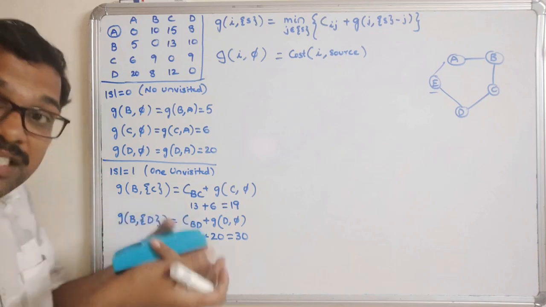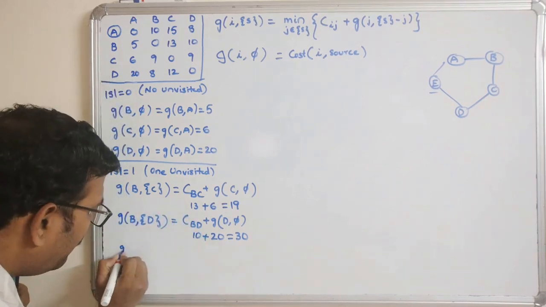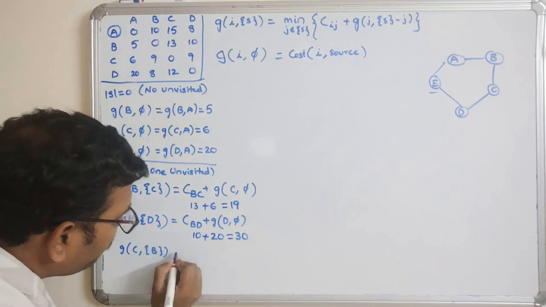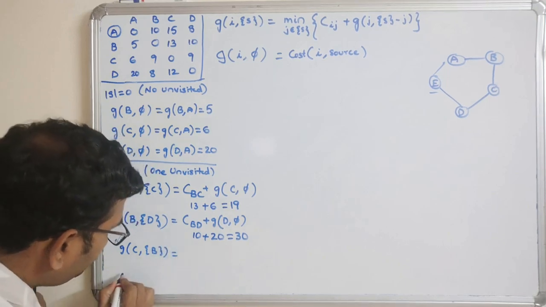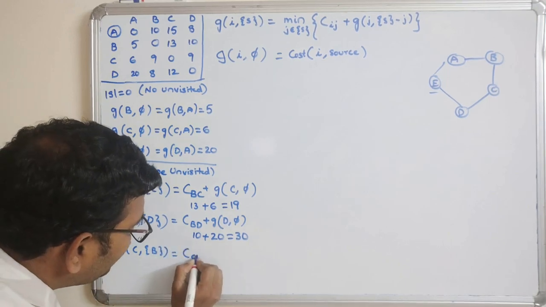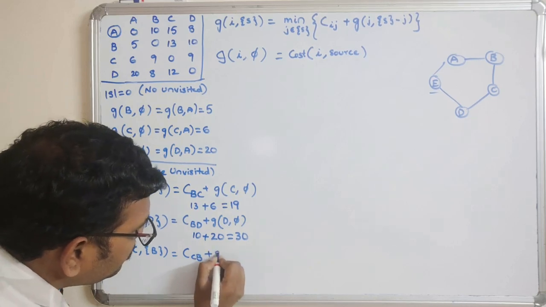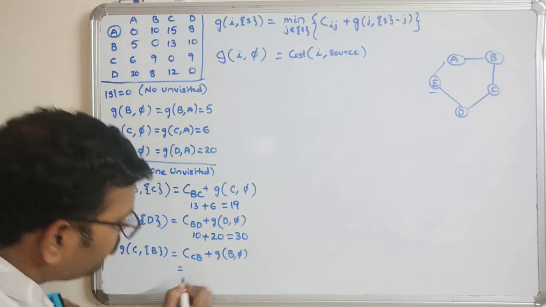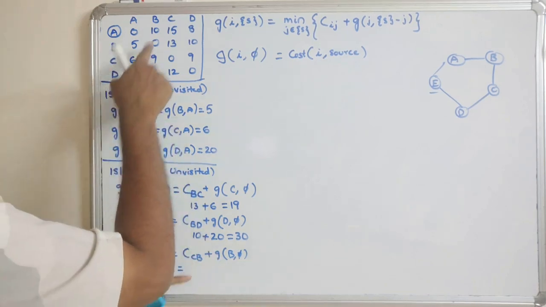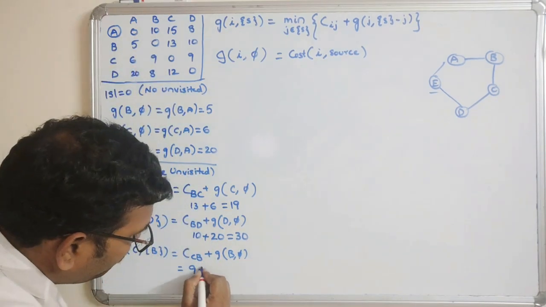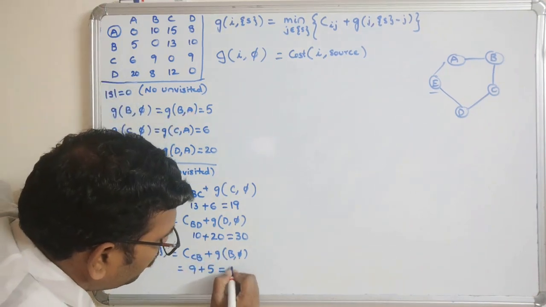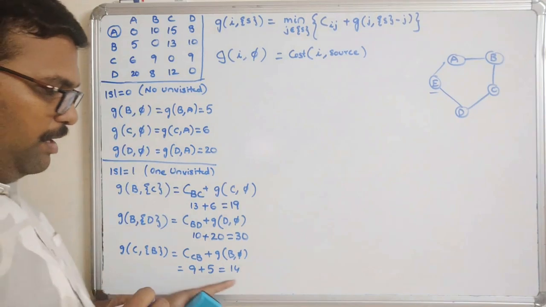So now change the vertex. If we are at C, the possibilities are B. Okay. So cost of CB plus G of B comma pi. Cost CB is 9 plus G of B pi, it's 5, which is 14.